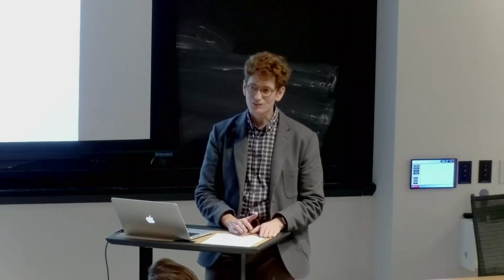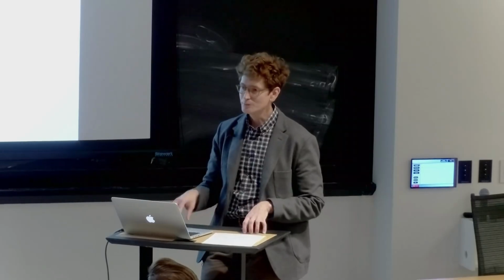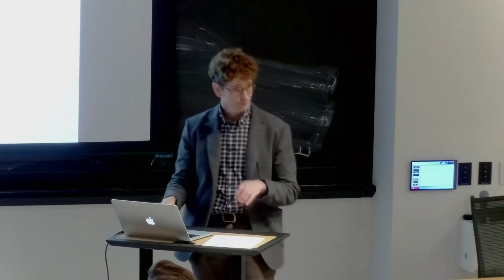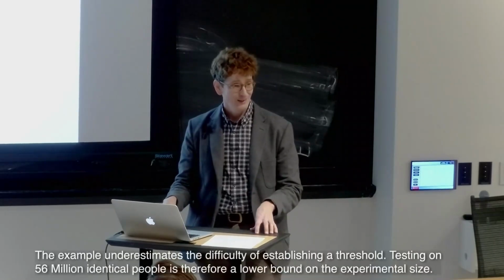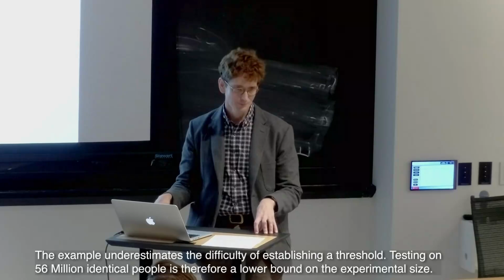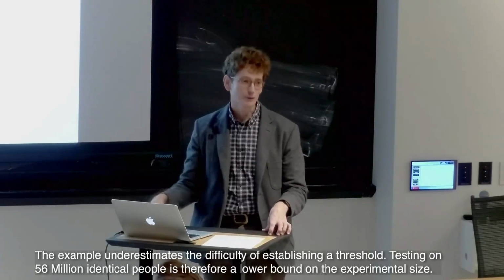And the question is, can you do an experiment with 56 million identical humans and give them all 1 millisievert of radiation in order to see the threshold? That is an experiment you probably cannot practically do. Right? That's the point. We'll never have this experiment.